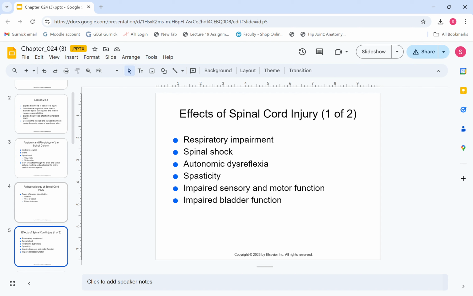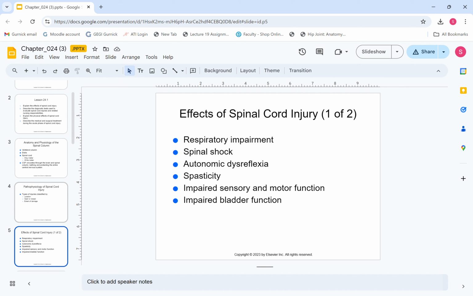So you would lose control of your arms, you could lose control of your legs, you'd be what we call a quadriplegic. Quad for four, because you wouldn't be able to use your arms and legs, your four limbs. But you would be able to breathe on your own, probably, if you injured your C5, because control of the diaphragm happens at C1, 2, 3, and 4.